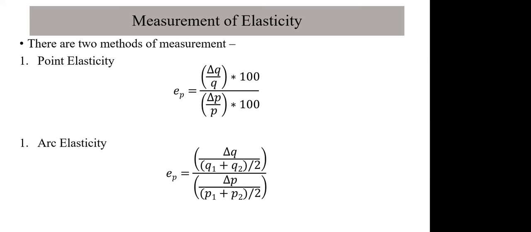So because of this problem, delta Q or delta P is divided by the initial quantity and the quantity after the reduction in price, divided by 2 as the denominator. And in the case of price also, the initial price and the price which is now prevailing, divided by 2. So in this way, the arc elasticity formula is calculated.